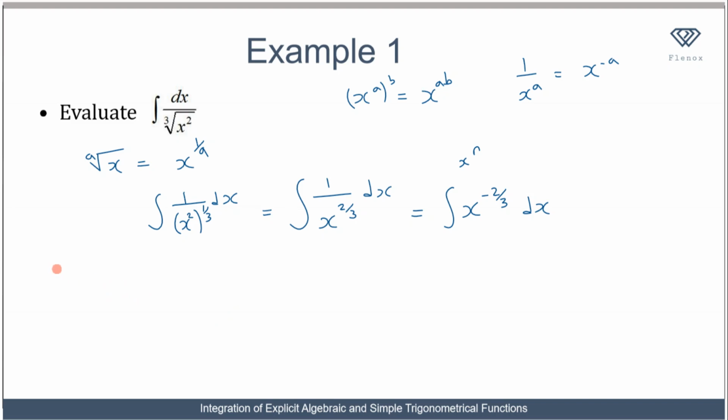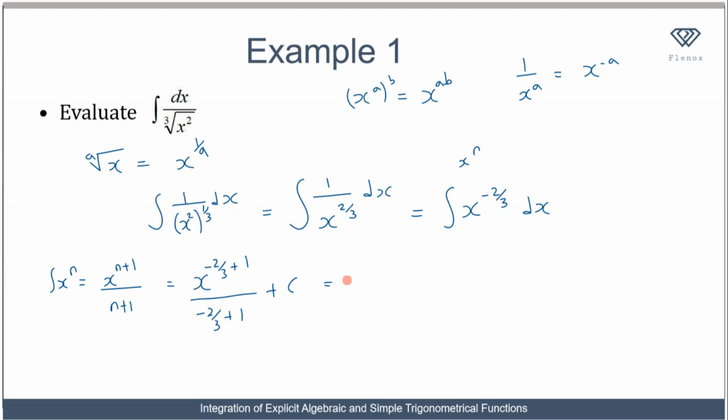So when we integrate x to the power n based on our formula, we know that that will be equal to what? x raised to n plus 1 over n plus 1, and our n in this case is minus 2 over 3. So this becomes x raised to what? Minus 2 over 3 plus 1 over minus 2 over 3 plus 1, then plus my constant of integration.